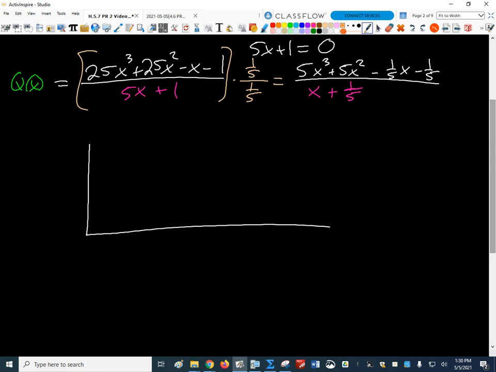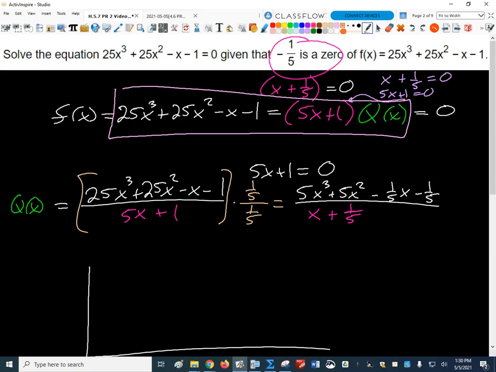All right, so now I can do synthetic division because the coefficient of x in the bottom is equal to 1. Okay, so what is the 0 of the denominator? Negative 1/5, everybody agree? And we knew that, didn't we? It's right there. Okay.